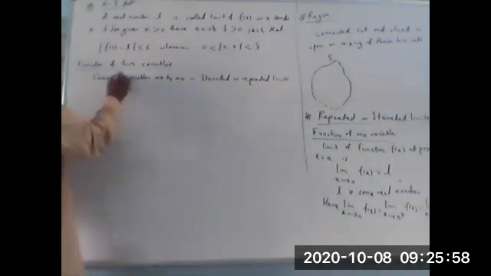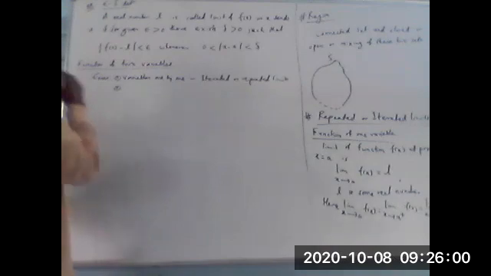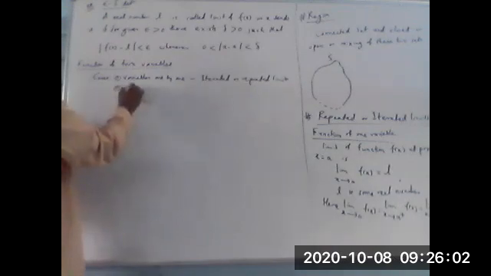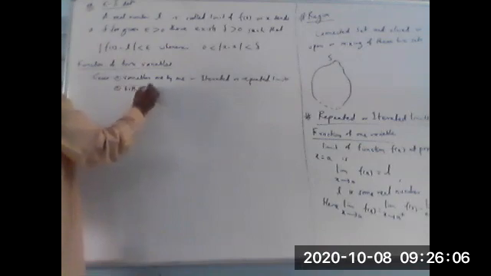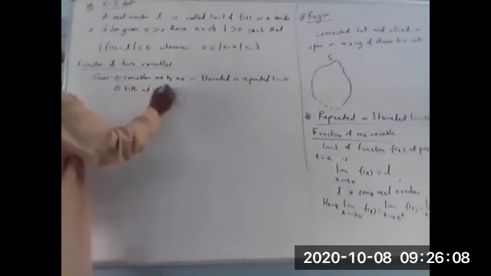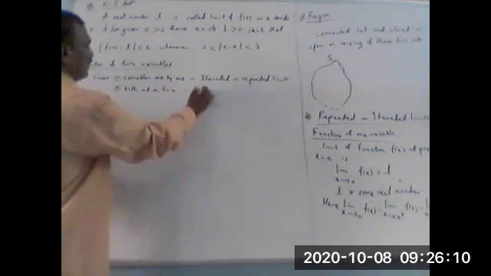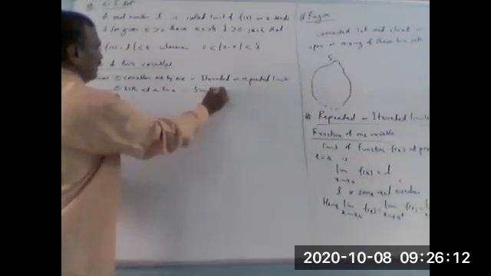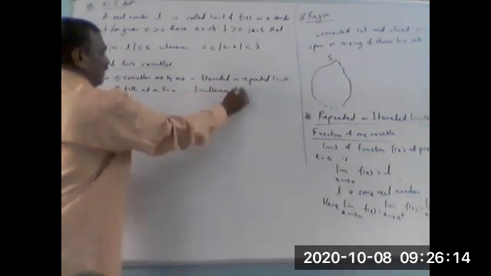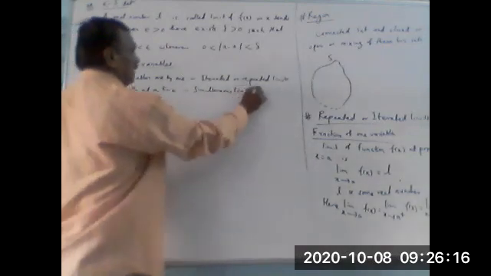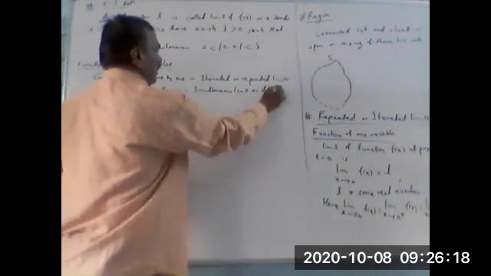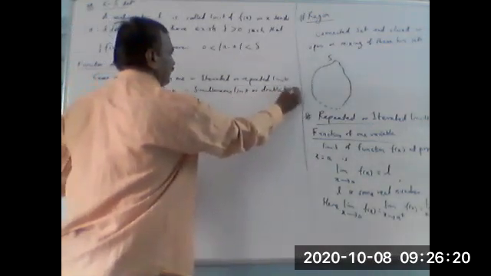The second case is both variables at a time, simultaneously, and that is called the simultaneous limit or double limit.